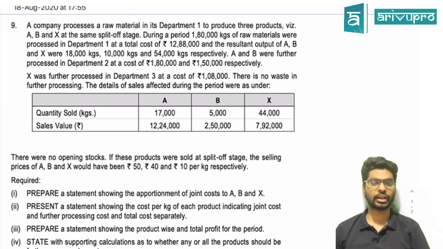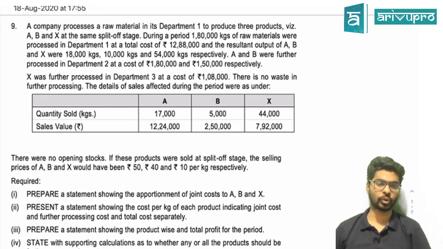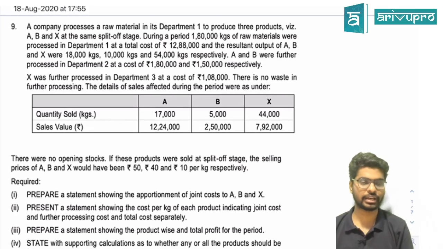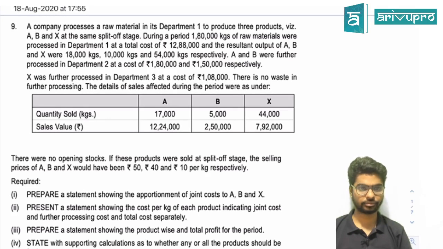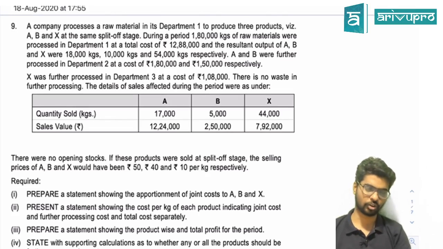During a period, 1,80,000 kgs of raw material were processed in department 1 at a total cost of 12,88,000, and the resultant output of A, B and X were 18,000 kgs, 10,000 kgs and 54,000. A and B were further processed in department 2 at the cost given.